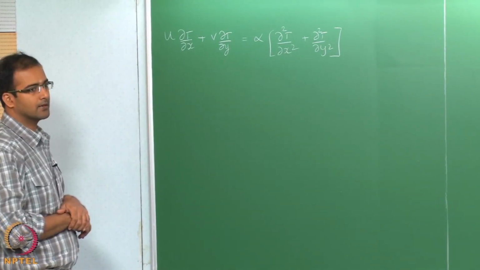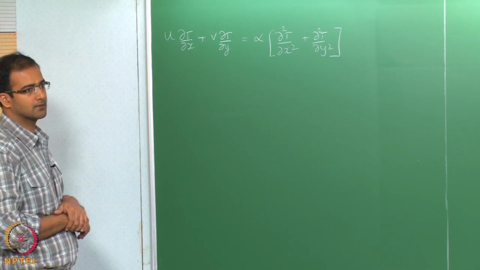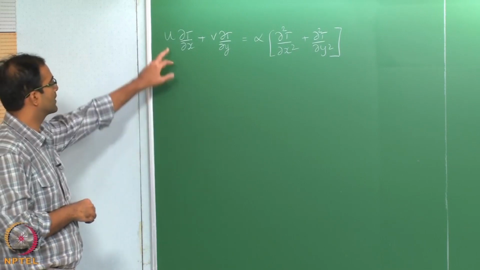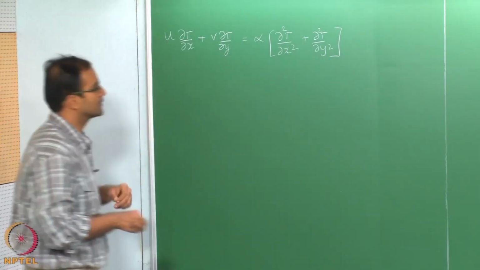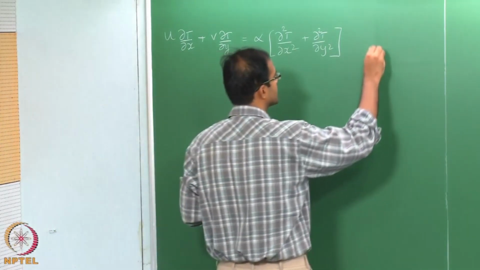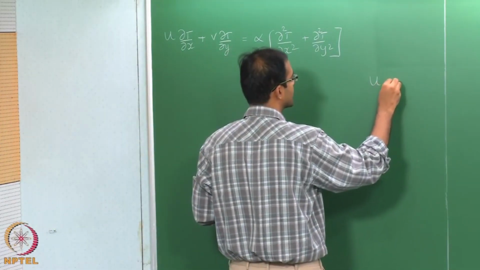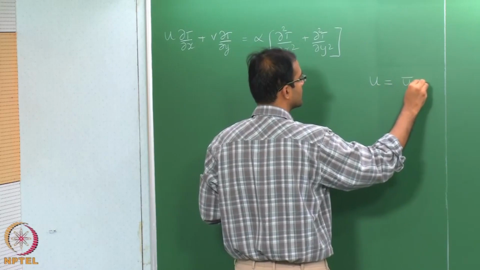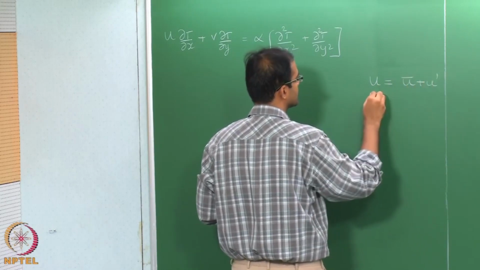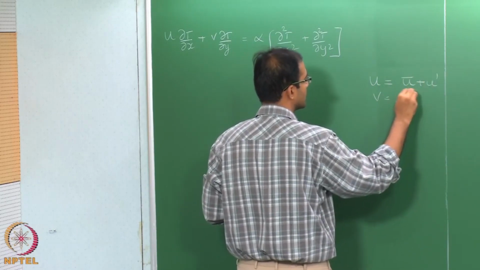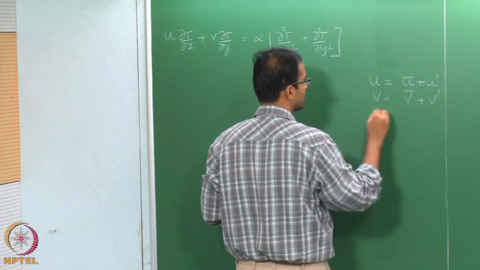Now when we do the Reynolds decomposition, we substitute for u and T. We have seen that the Reynolds decomposition for the instantaneous velocity gives u equal to u bar plus u prime, and v equal to v bar plus v prime.